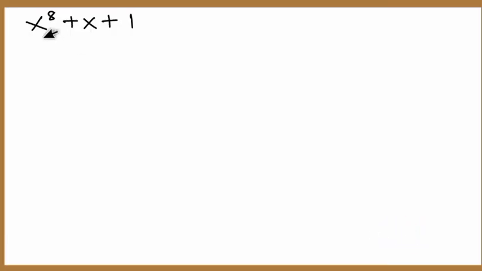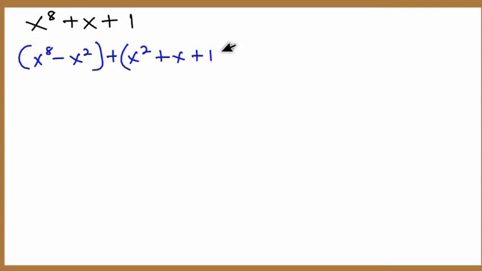Now with this one, we can rewrite the whole of this equation as (x^8 - x^2) + x^2 + x + 1.